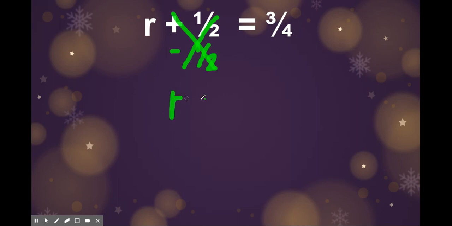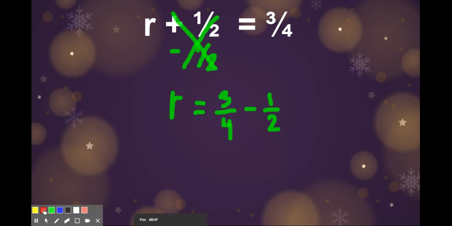So r is equal to 3/4 minus 1/2. When I'm dealing with fractions, I always make sure that I write them next to each other so that way I can keep it organized. When subtracting fractions, I need to have common denominators. So I know that 4 is going to be a common denominator, so I'm going to change this to 4.